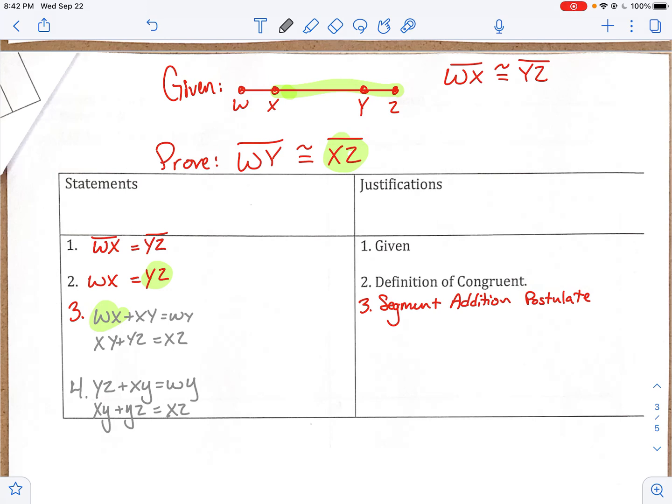Take a minute and I would pause the video and look at these two things. What do you notice about these two expressions? How are they related? And you'll notice that even though they are a little bit out of order, they are the same thing. They're equivalent. So there I substituted.